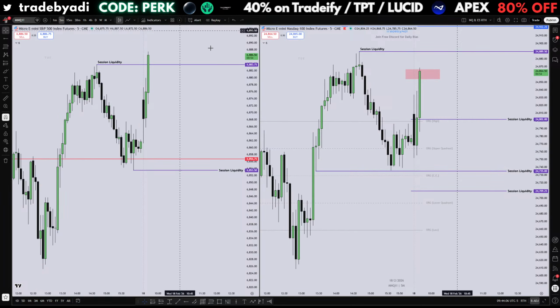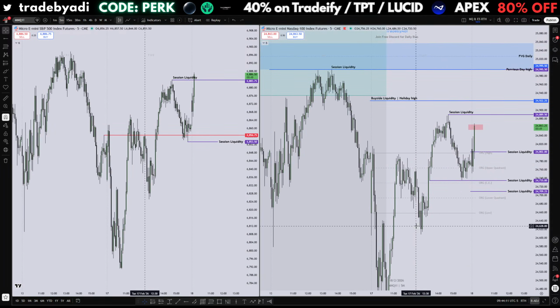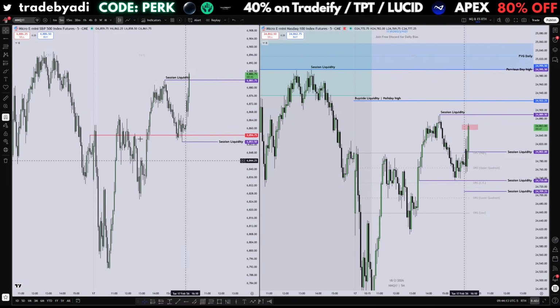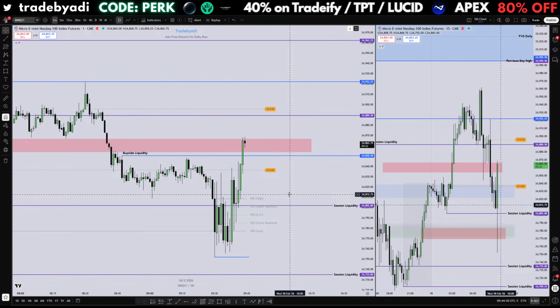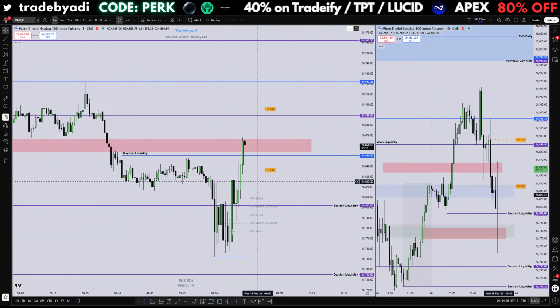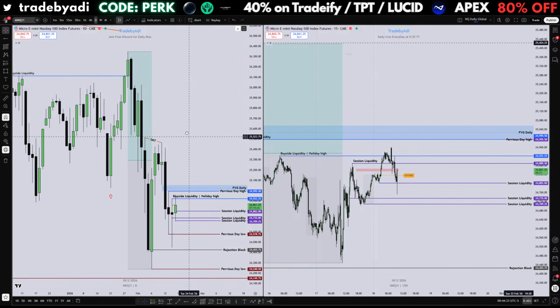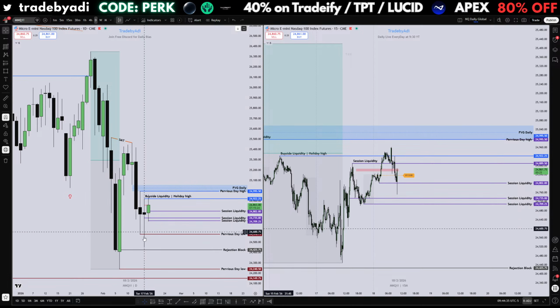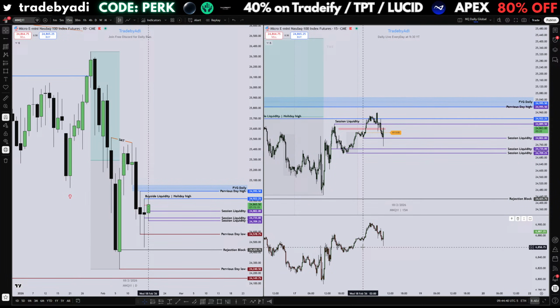I really don't like today's price action. Oh, it is the worst price action you can ever trade. Yeah, I think the price is gravitating to this daily FVG, but I don't have any kind of signature in the price action.